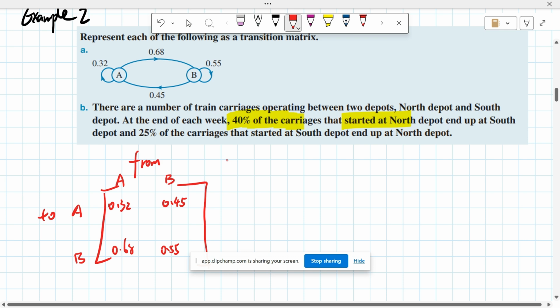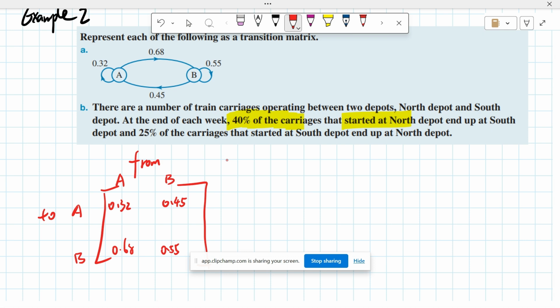Another example: the number of train carriages is the operation between two stops, and the ends of the route are north and south, from and to. 40% of the carriages starting at north end up at south, so north to south is 0.4.